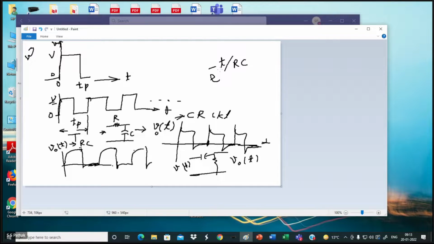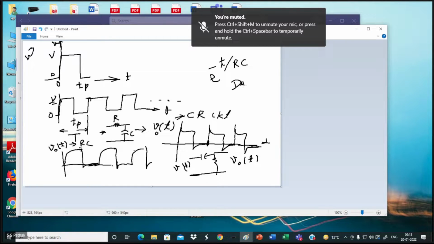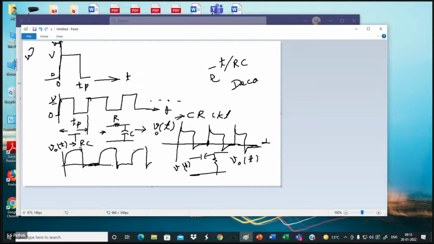Starting from 0, this is the exponential decay. Okay, what about the low pass case? It is rising also. So what is the meaning of this rising?